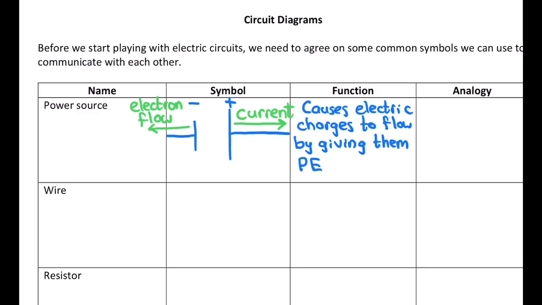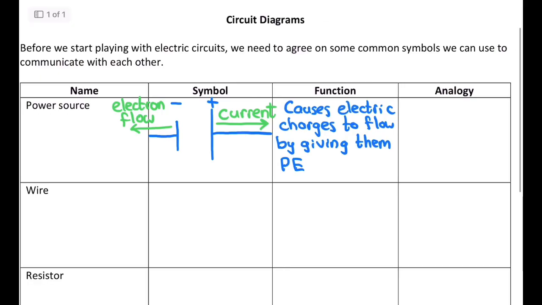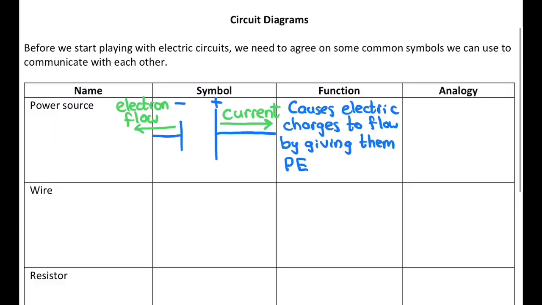So that makes it difficult for students to get an intuitive understanding, to really grasp what's happening with electric circuits. So what I find useful is to use an analogy, to compare electric circuits to something else that we do have a really good understanding of, where we can see what's going on, that behaves in a similar way. And the analogy I really like to use for an electric circuit is a ski hill.